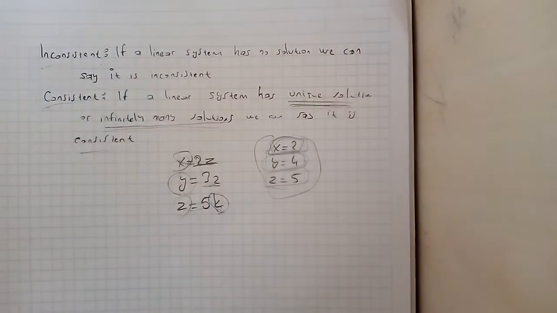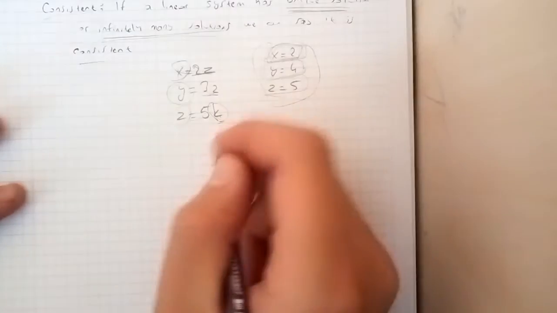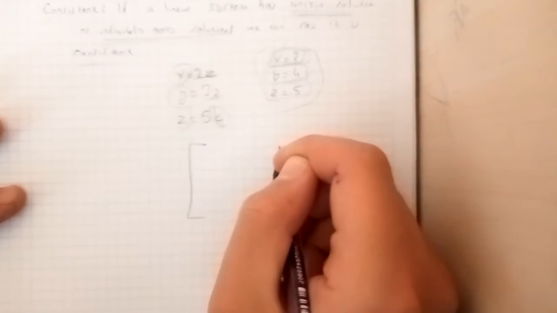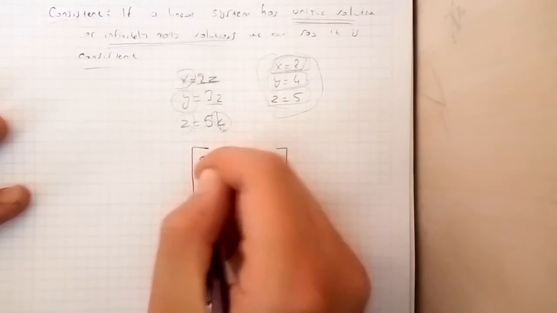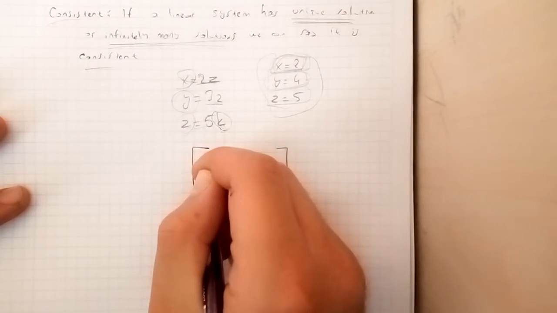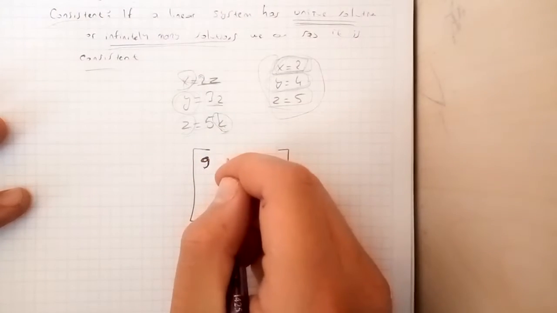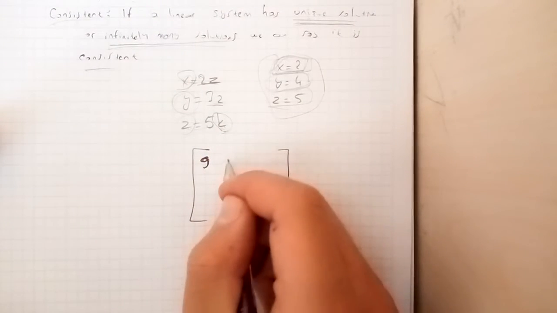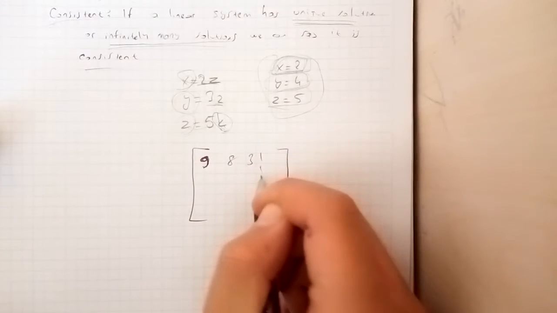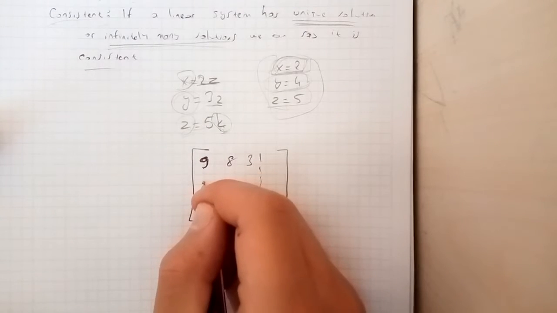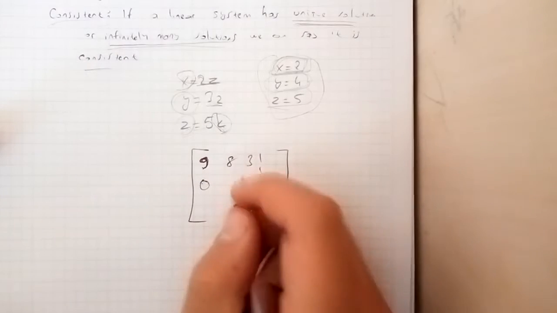Right now I will try to explain how to understand this from the upper triangular matrix. I will give the example with numbers because I think it will be easier for you to understand.